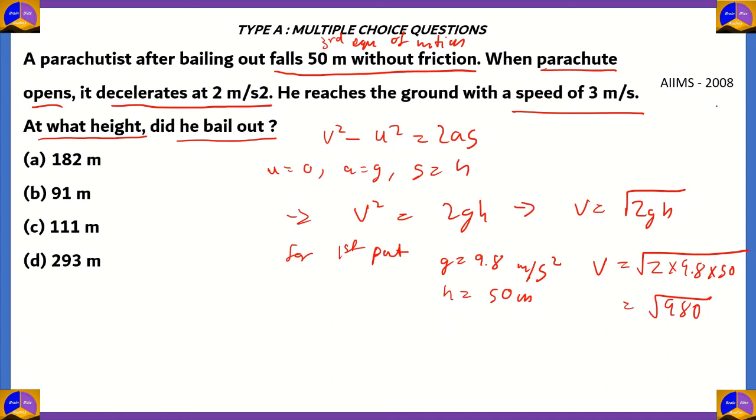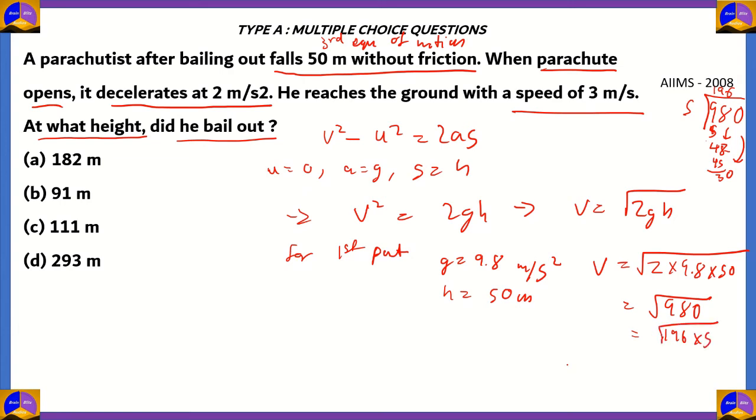Now, when you divide 980 by 5, you get 196. So 980 is 196 into 5, so you can write that as under root of 196 into 5.